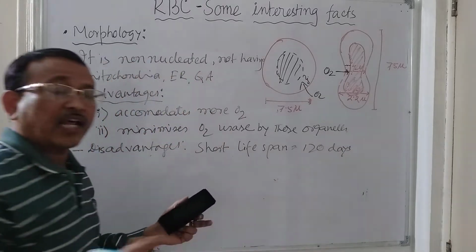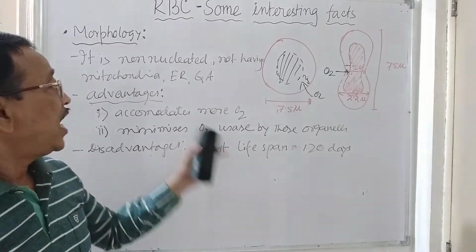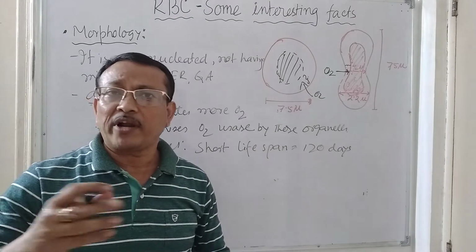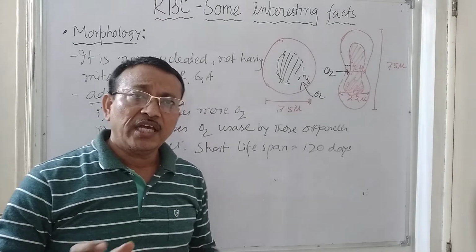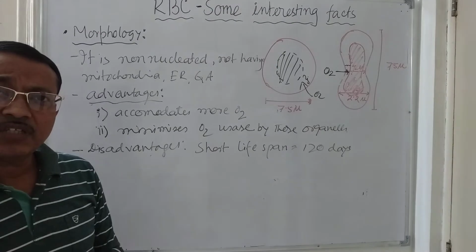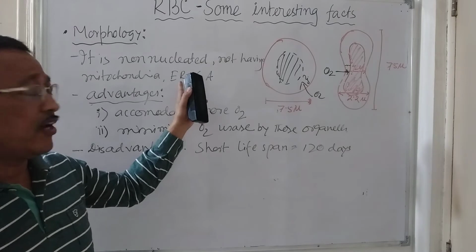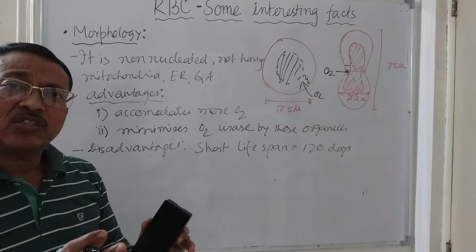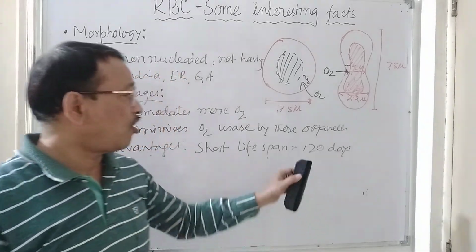As the nucleus is not there, DNA is not there, so mRNA will not be formed, and thereby proteins or enzymes will not be formed. As the mitochondria is not there, ATP cannot be synthesized. Proteins cannot be synthesized because of the lack of endoplasmic reticulum, ribosomes, etc. So all these things make the life of the RBCs cut short, and this is around how much?